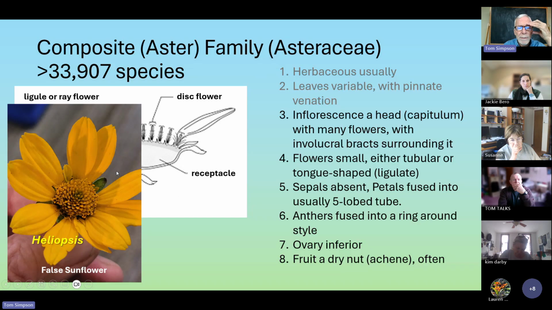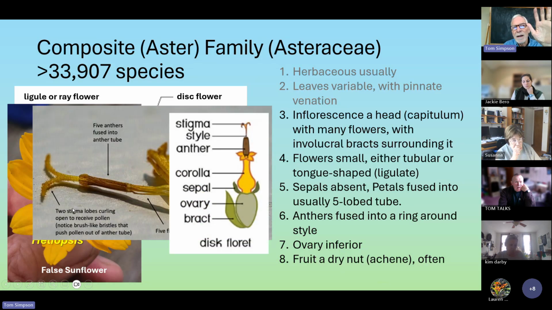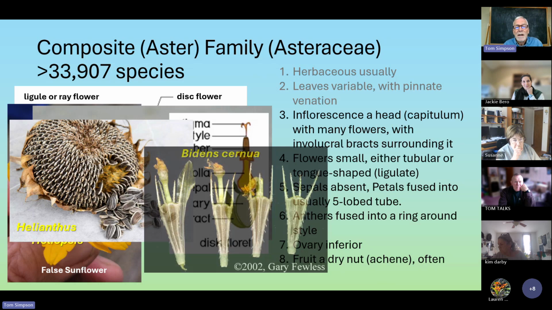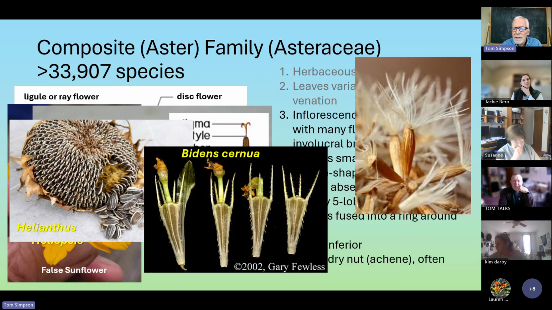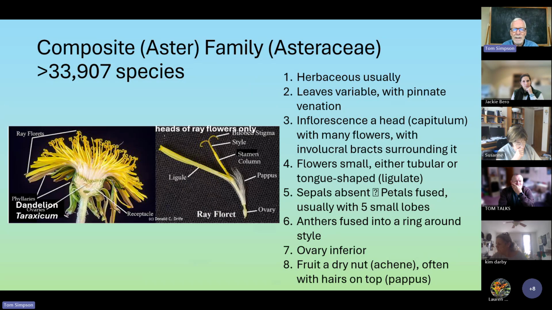The ray flowers are never male. Sometimes the disc flowers in this group of composites can be both male and female, or they can be only male. They can't be only female. So this is one of those ways that you take a fairly simple conserved structure and then make 33,000 different species that have different combinations of all of these features that seem in themselves pretty simple, but you can combine them in so many different ways.